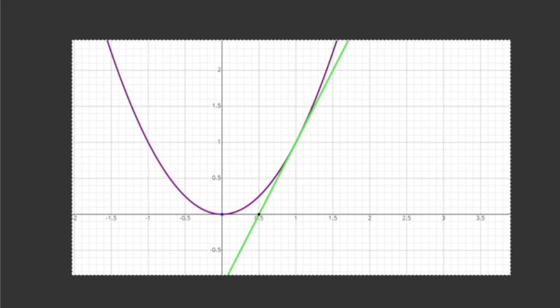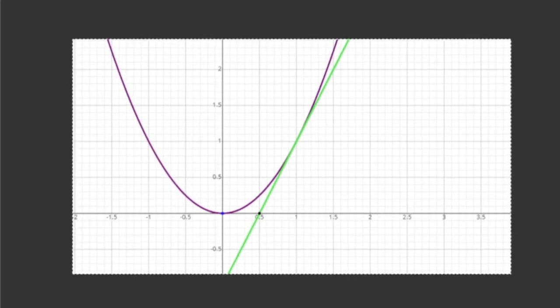You see it's cutting the blue graph at exactly 1 point, somewhere around here.